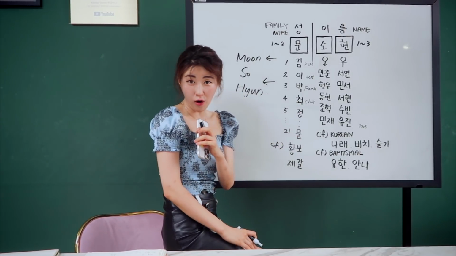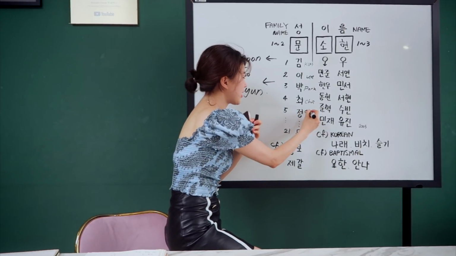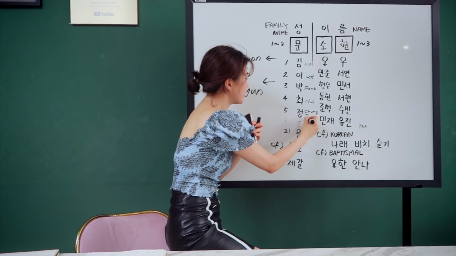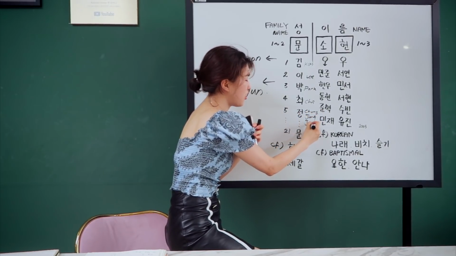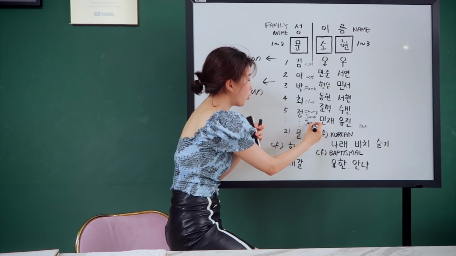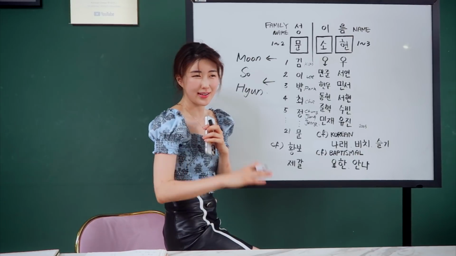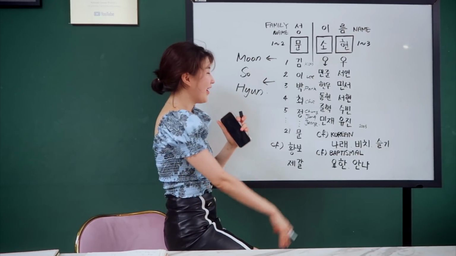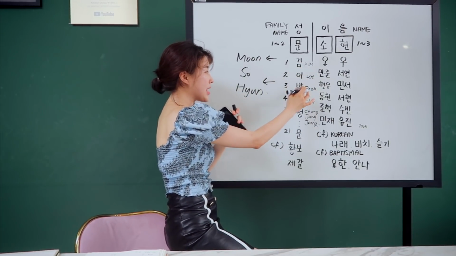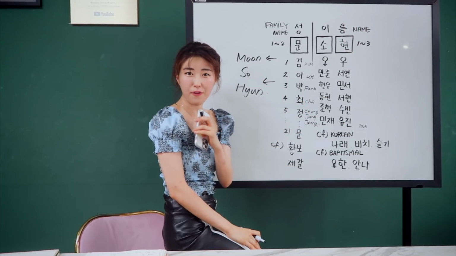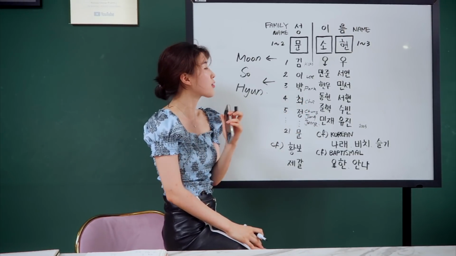Next is Jong. It's sometimes written as Chung or Jung or Jeong, but as you can see, romanization varies. Kim, Lee, Pak, Che, Jong. These are the 5 most common last names in Korea.